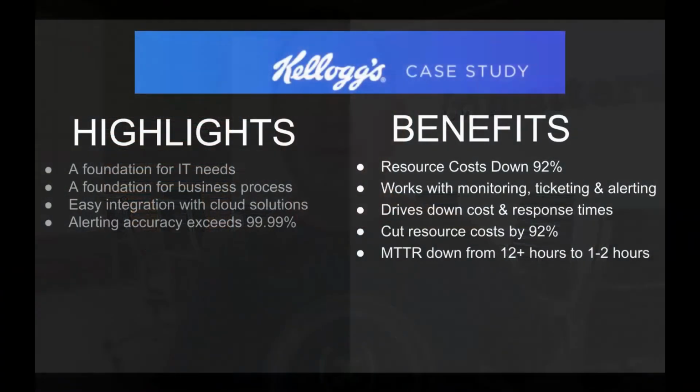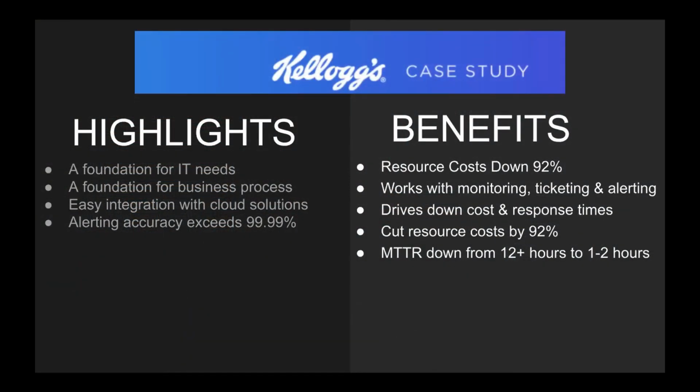And in particular, we have a quick case study to walk through here, which many of you have probably heard of: Kellogg's. They're a Fortune 500 company, and they are the world's leading provider of cereal and related products. So, I don't know that I would always automatically put them at the top of the list, but that's where they are. So an impressive organization, but it also means they've got challenges.